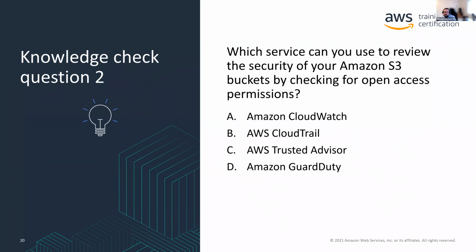CloudTrail is going to check for API calls, so you could use that forensically later to find out who opened up the bucket. But to review the security of it, that's probably going to be Trusted Advisor, because Trusted Advisor is looking for that kind of thing. Trusted Advisor is looking for violations of security best practices. GuardDuty, by the way, is a machine learning driven tool that's looking for malicious recon and malicious attacks against your network. So Trusted Advisor is going to be the answer in this particular case.